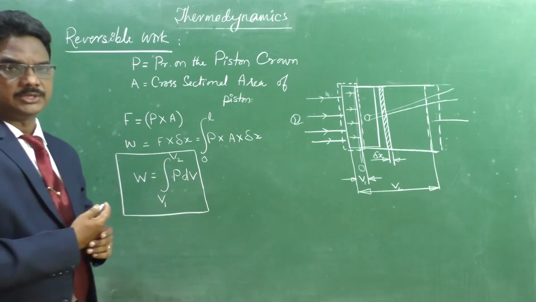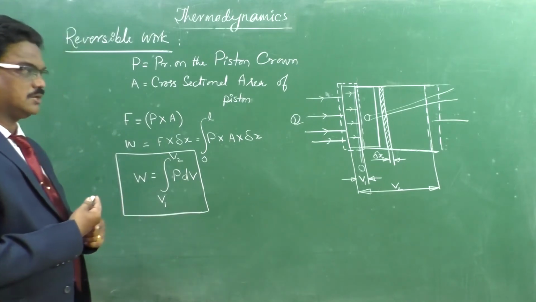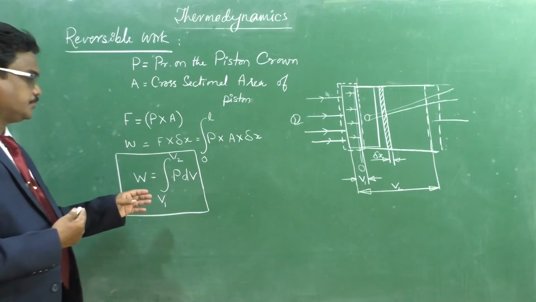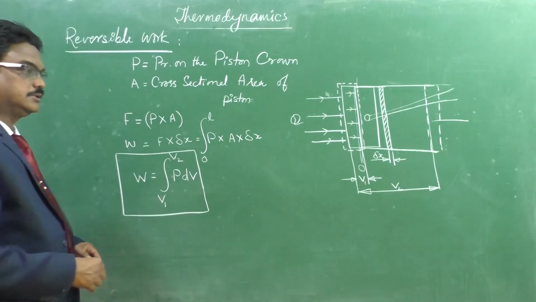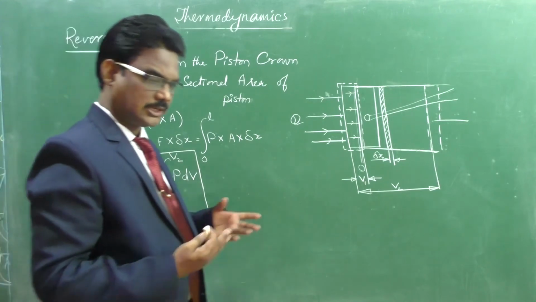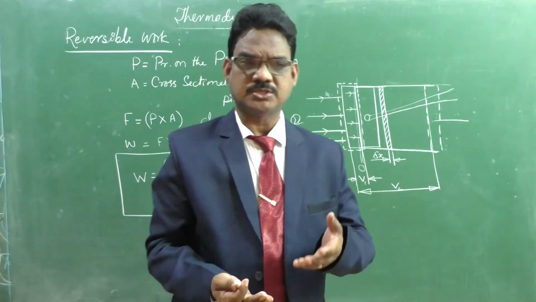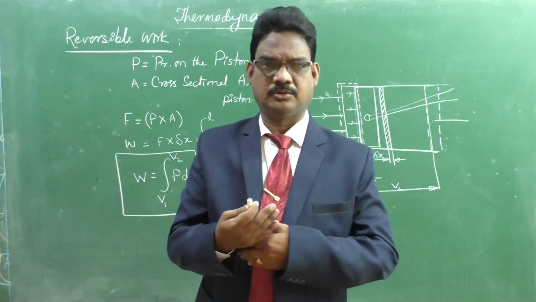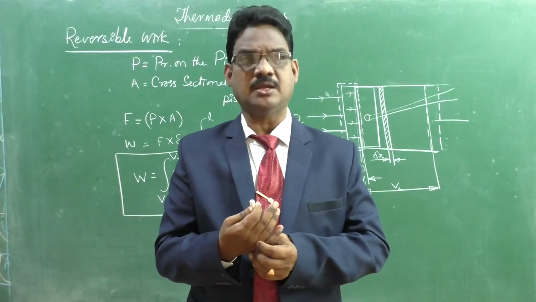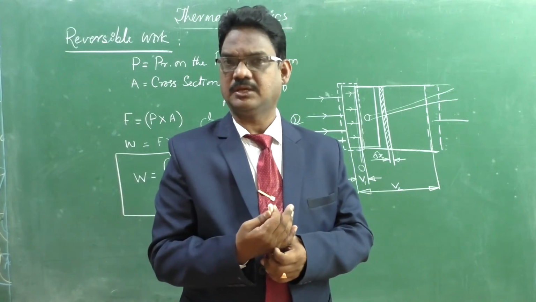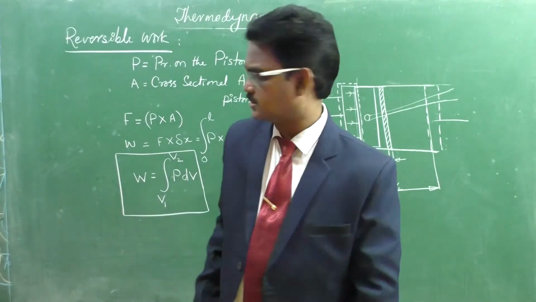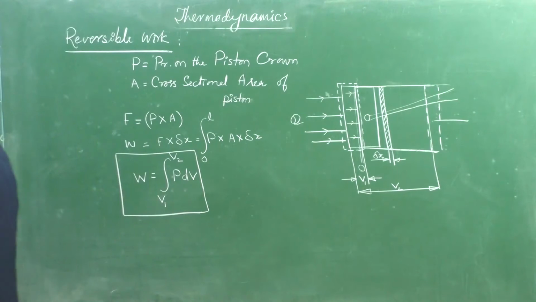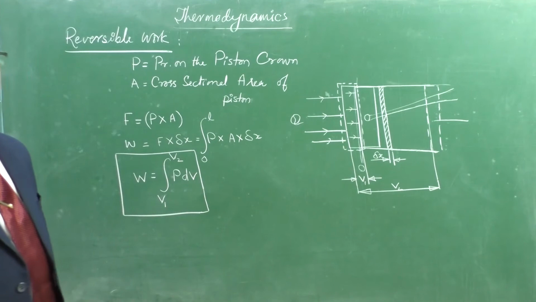Here the friction is 0, and there is no work or heat loss in a form which is not recoverable. Everything is recoverable, and that is the reason it is reversible. Now you will see different problems on this equation.